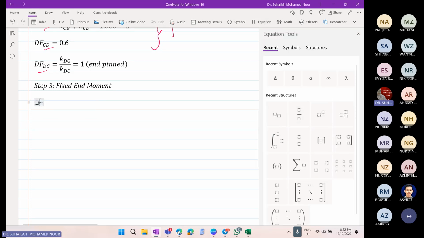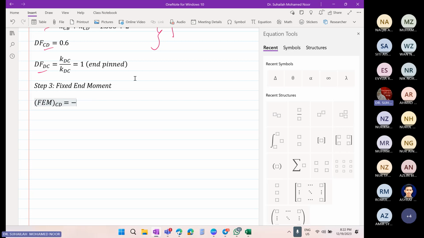So it is FEM CD and FEM DC. FEM CD is negative.